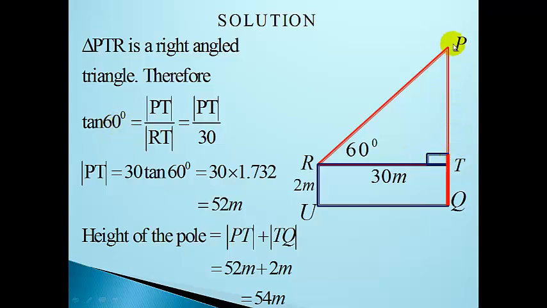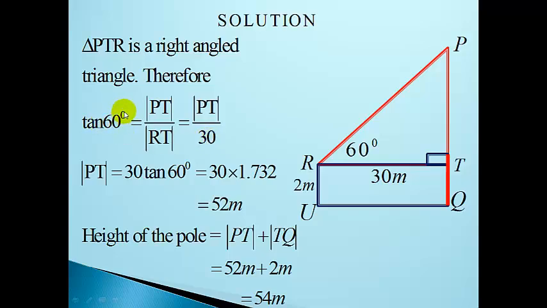The opposite side is PT, and the adjacent is RT, which is 30 meters. So we have PT divided by 30.